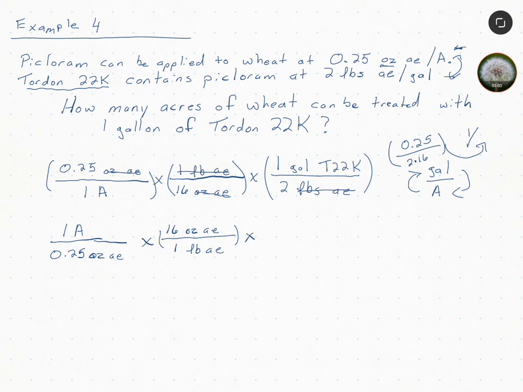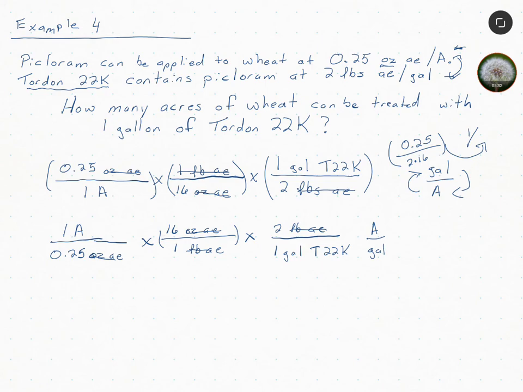And we multiply that by 2 pounds of AE in every gallon of Tordon 22K. And so again, we get rid of the units that we don't need, ounces AE, pounds AE, and that gives us a unit of acres per gallon, which is what we want.